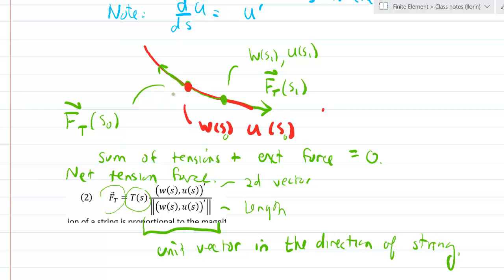And you can see that unit vector is in different direction here and here, okay, because the string is curving. All right. So let me emphasize that this point is WS, this is S0, S0, this is S1, S1.